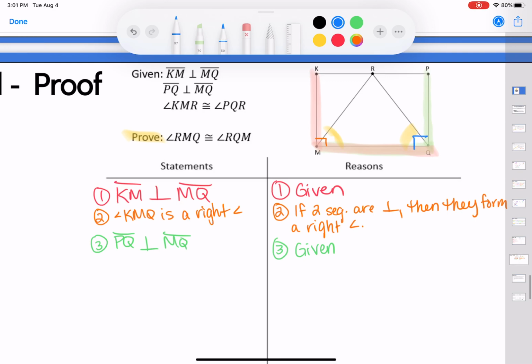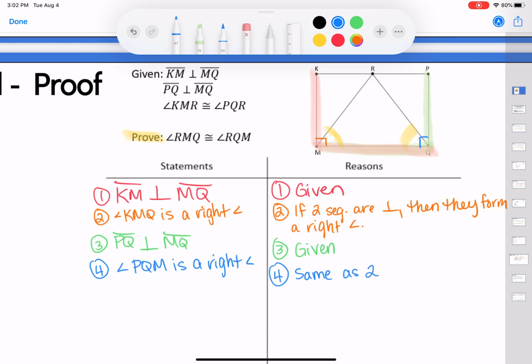So again, another pair of perpendicular segments means that I have another right angle over here. So step 4, angle PQM is a right angle. And this would be exactly the same thing as step 2, right? If two segments are perpendicular, then they form a right angle. Now you could write that out if you'd like to, or you can write same as 2.